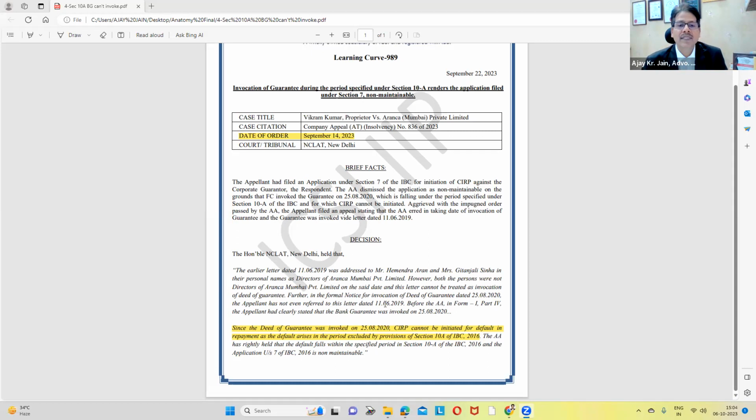Further, in the formal notice for invocation of deed of guarantee dated 25th August 2020, the appellant has not even referred to this letter. Since the deed of guarantee was invoked on 25th August 2020, CIRP cannot be initiated for default in repayment, as the default arises in the period excluded by the provisions of section 10A of IBC. The AA has rightly held that default falls within the specified period of 10A, that is the cooling period, where CIRP cannot be initiated due to the COVID period.